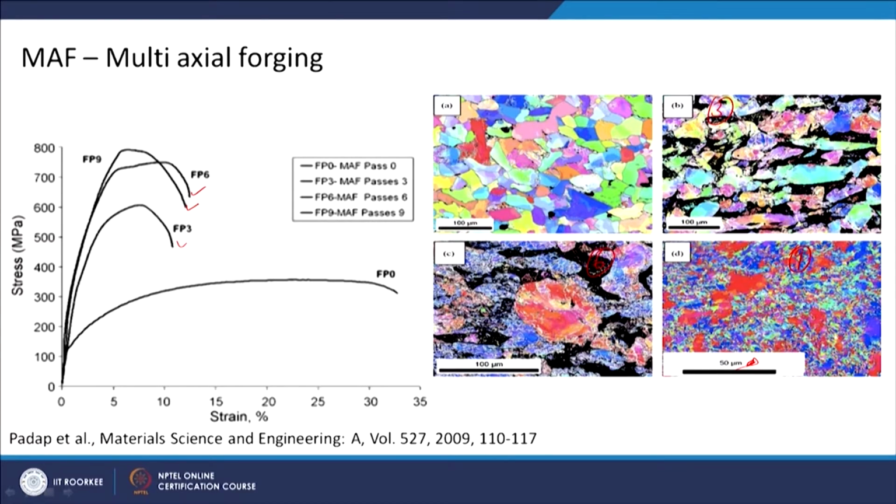So, because of the deformation there is microstructural refinement, also there will be a large amount of dislocation density, and the effect of these two you can see on the strength of the material. Again you can see here that it is at the cost of ductility. So, elongation has come down from 32% to around 10%.